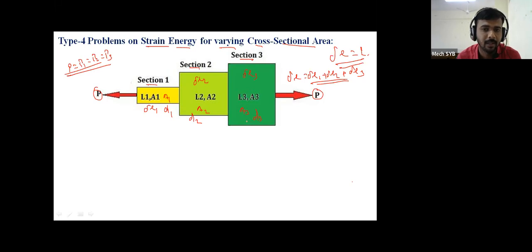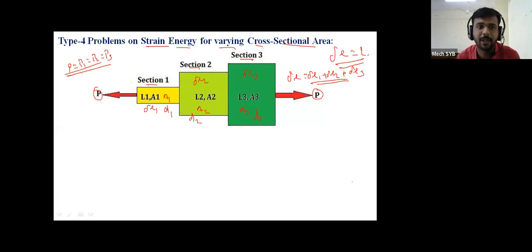In the bar of varying cross section, section number 1 is connected to section number 2, section number 2 is connected to section number 3, and by connecting all these three sections to each other, one bar is formed, and this particular bar is called a bar of varying cross-sectional areas. In chapter number 1, we have calculated this deformation: deformation of the total bar is equal to delta L1 plus delta L2 plus delta L3.